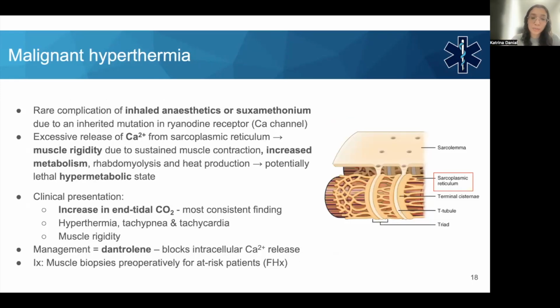Okay, so there's this rare complication that can happen from an anesthetic, and it's mainly due to the inhaled agents like sevoflurane, like we talked about, or to one of the paralyzing agents, which is called succinylcholine.